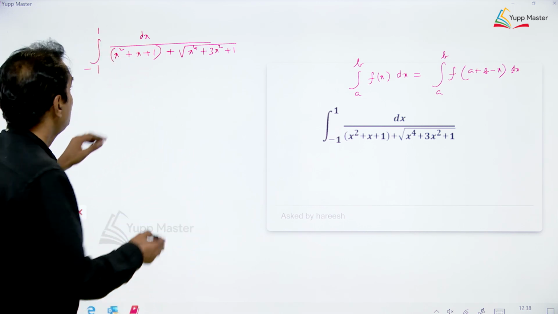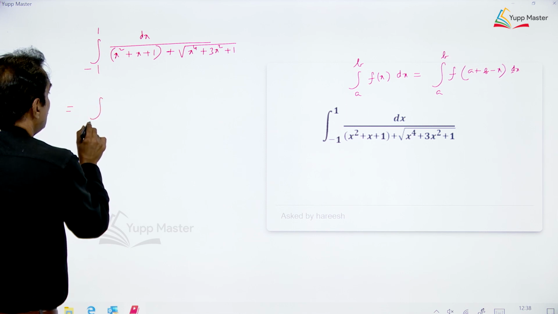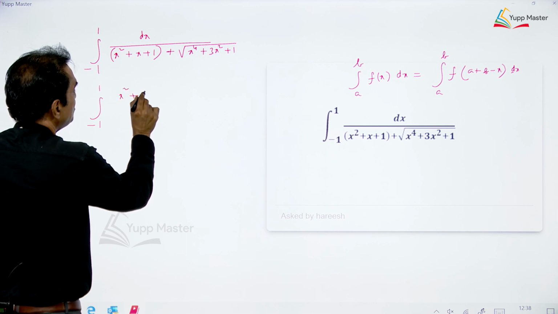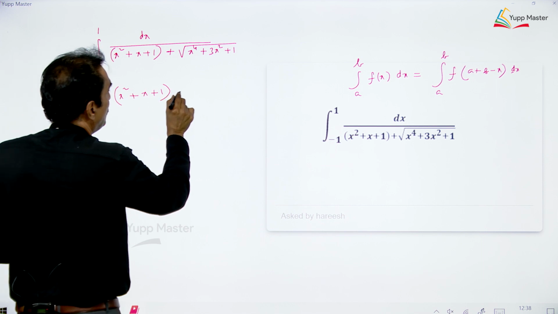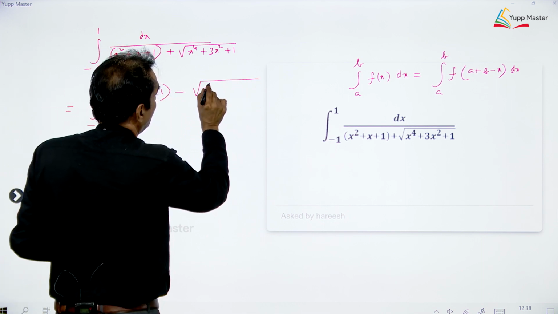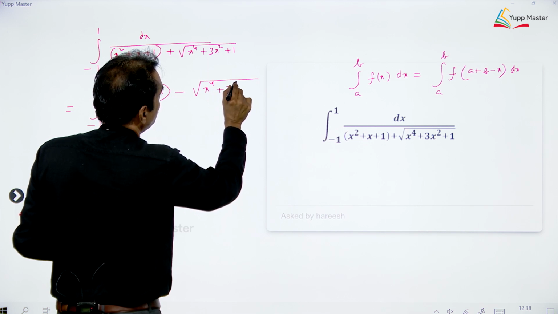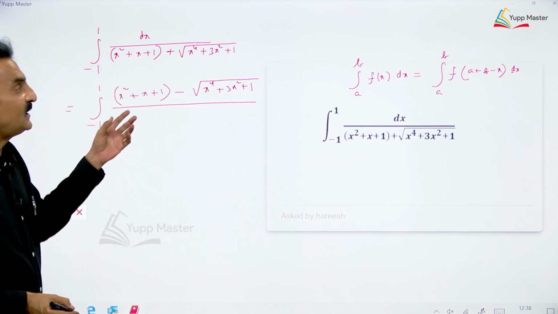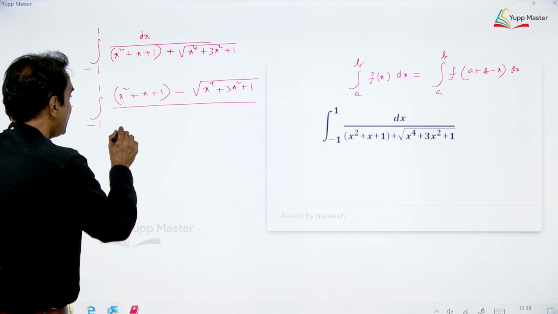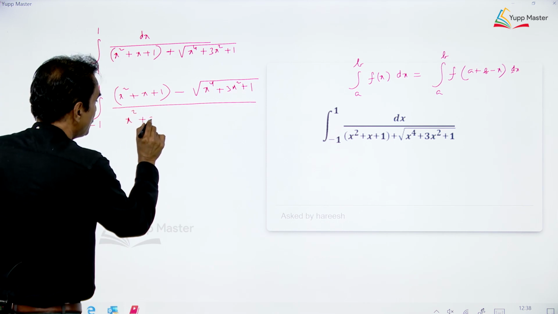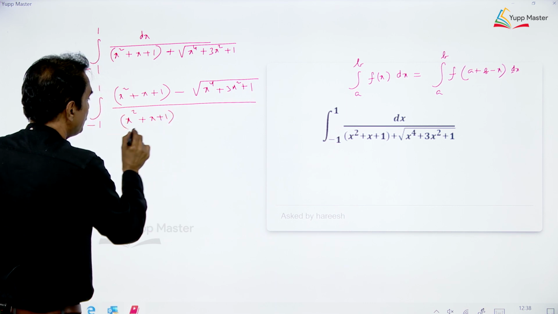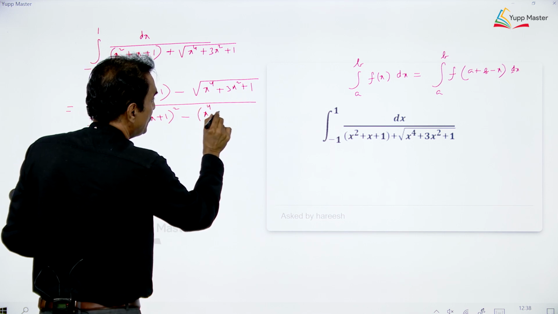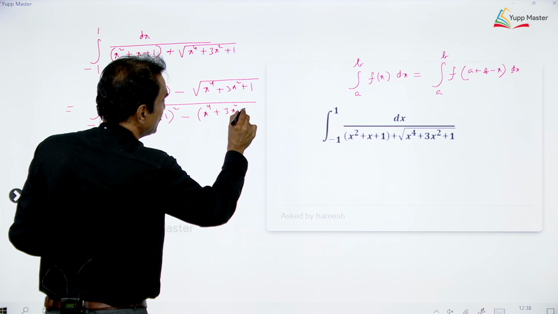Rationalizing this, you will get integral minus 1 to 1 of x square plus x plus 1 minus root of x power 4 plus 3x square plus 1, by what will we get in the denominator: x square plus x plus 1 whole square minus of x power 4 plus 3x square plus 1.